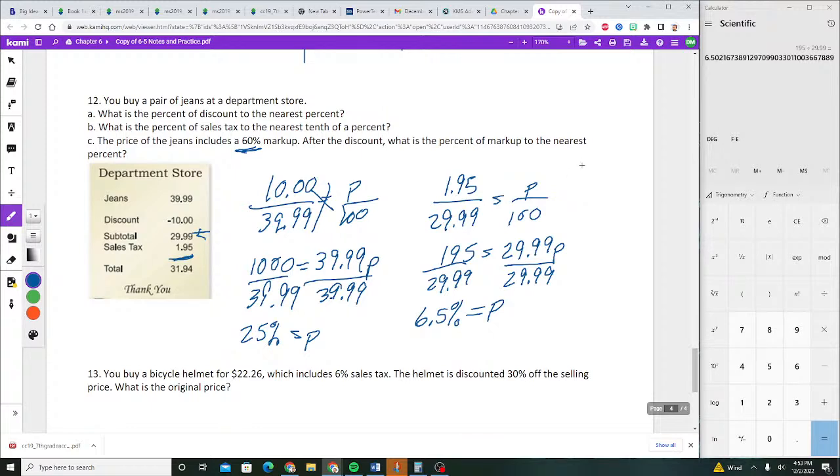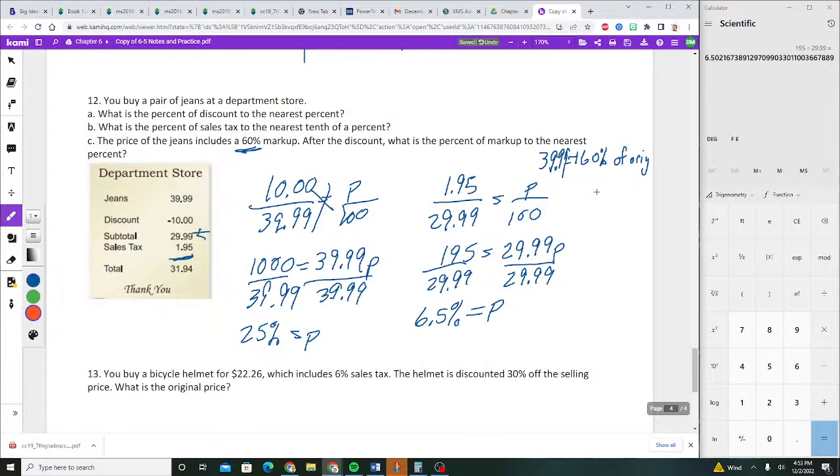I'm just pondering this for a moment because this question, for some reason, hurts my brain. The price of jeans includes a 60% markup. So it would be 160% of the store's cost is $39.99. Gotcha.